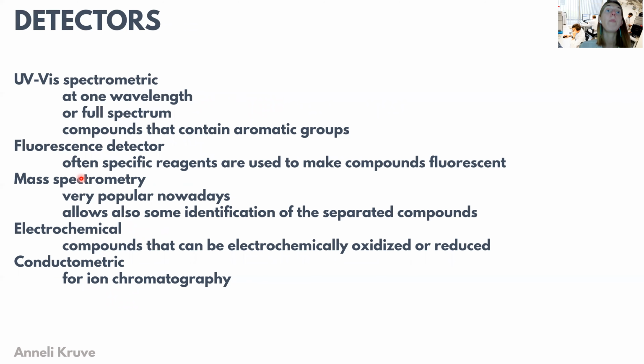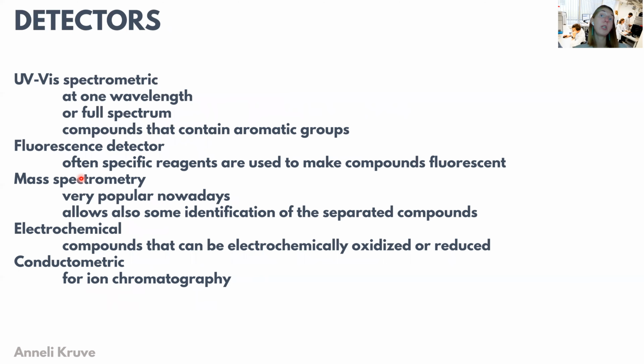Today, mass spectrometry is increasingly used. And this is very good because mass spectrometry has an advantage in the sense of selectivity. So we receive not only the retention time, but we also always register the mass to charge ratio of the compounds and also fragmentation information.